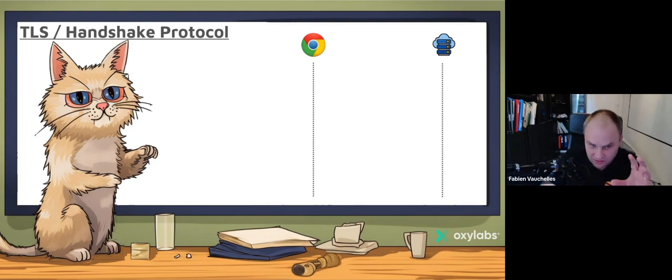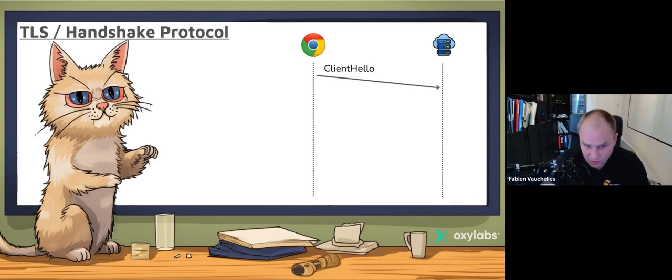Second up is the Transport Layer Security protocol, the TLS protocol. This protocol is used everywhere. It's an encryption protocol on top of the TCP protocol. So here is an overview of how it works. When a browser creates a secure connection, it initiates negotiations with a website. This negotiation is called the handshake protocol. During this process, the browser sends a client hello message.